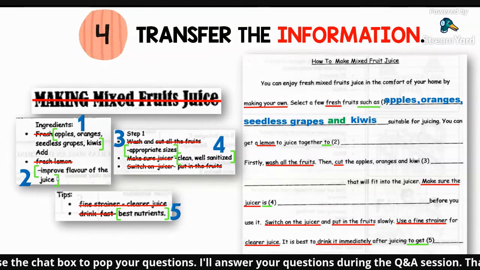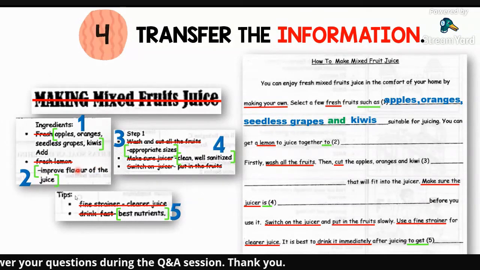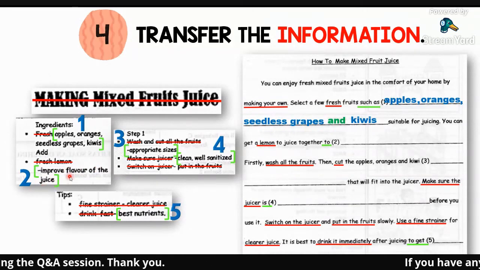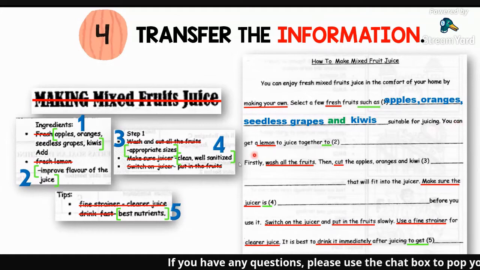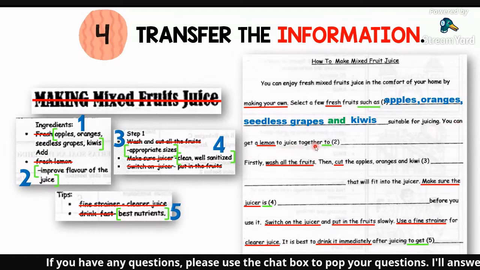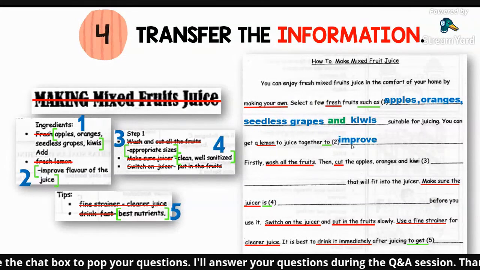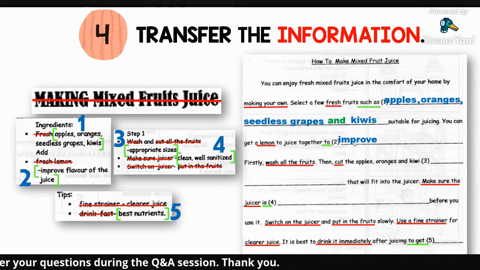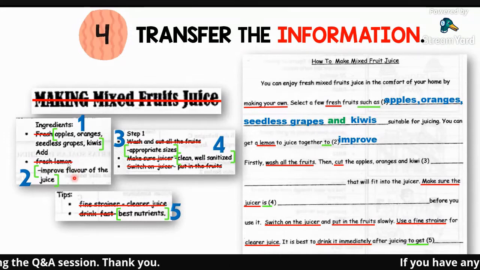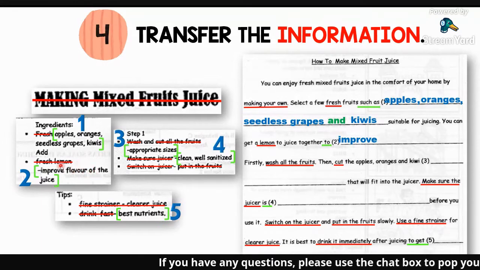So we have improved flavor of the juice. Now this is very empty, all right? So if you look at the sentence, you can get a lemon to juice together to, okay, we have the word improve. Now I'm going to add an article over here, the article to refer to this specific flavor.